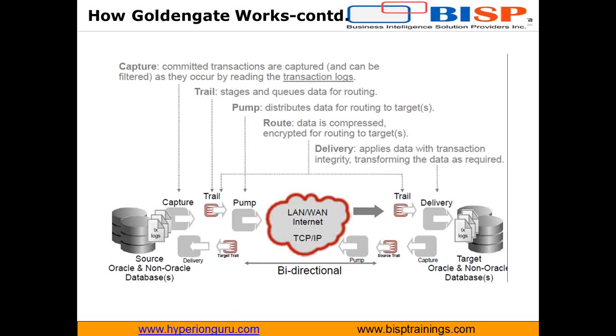So consider bidirectional as two-way unidirectional, that's it, nothing else. Bidirectional is simple, it is nothing but two-way unidirectional. So in case of bidirectional, your capture process, data pump process and delivery process, all three of them would exist on both environments along with your local trail and remote trail.